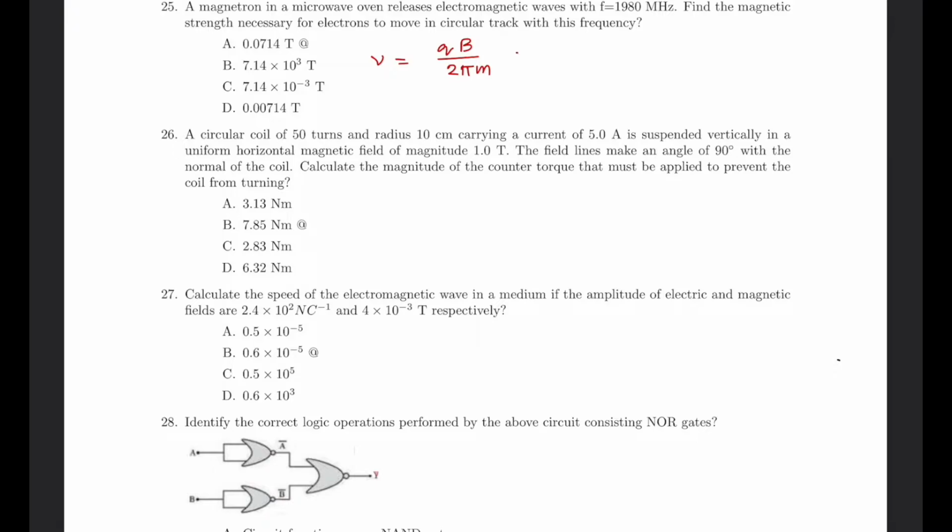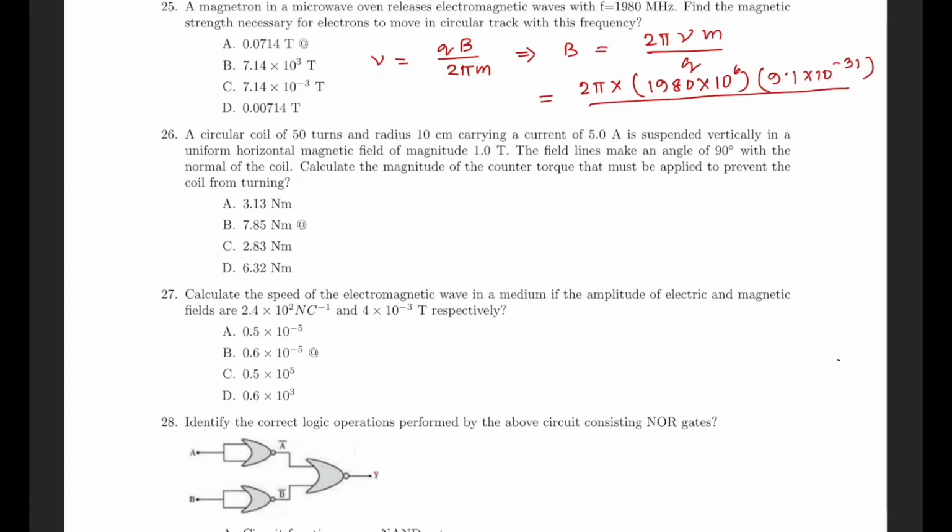So B is 2 pi nu m divided by q. This is 2 pi times 1980 into 10 to the 6, times 9.1 into 10 to the power minus 31, divided by 1.6 into 10 to the power minus 19, and if you calculate, you are going to get option A.